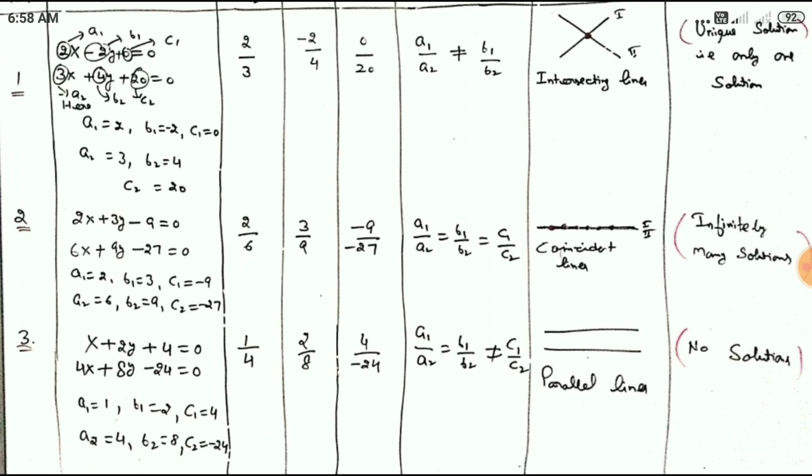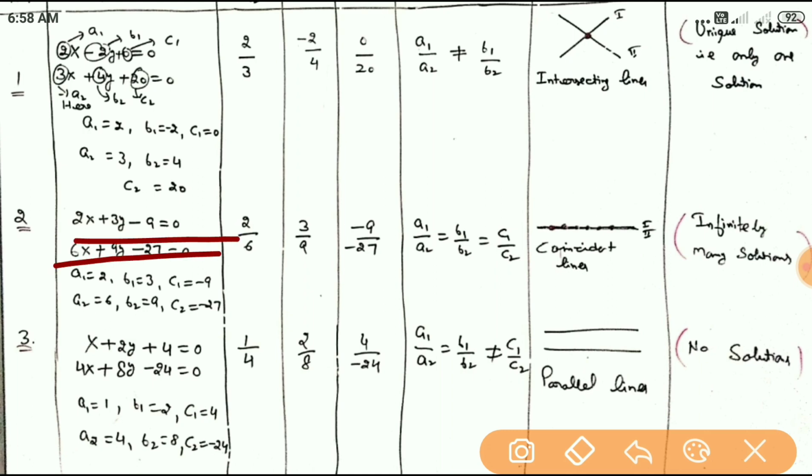And the second one is again 2 lines, but of a different type than in case 1. 2x plus 3y minus 9 is equal to 0, and the second line is 6x plus 9y minus 27 equal to 0. In the previous case I have already told you how to find A1 B1 C1 and A2 B2 C2. Here A1 is 2, B1 is 3 and C1 is minus 9. Similarly from the second equation, A2 is 6, B2 is 9 and C2 is minus 27.